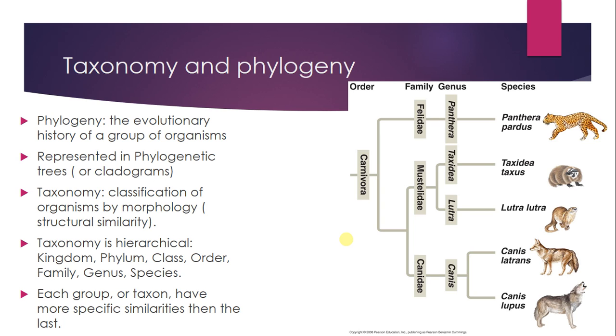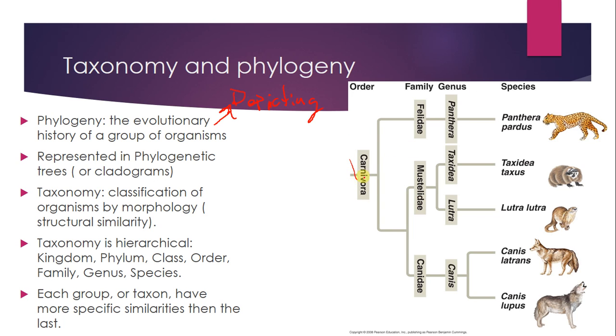So, two things really related are taxonomy and phylogeny. Phylogeny is the evolutionary history of a group of organisms, in particular depicting that relationship visually. It's represented in phylogenetic trees, or we'll talk about later cladograms. So, this is an example of a phylogenetic tree, and how it's kind of split up.